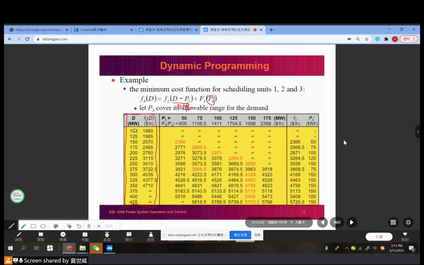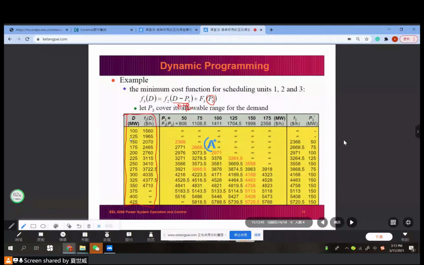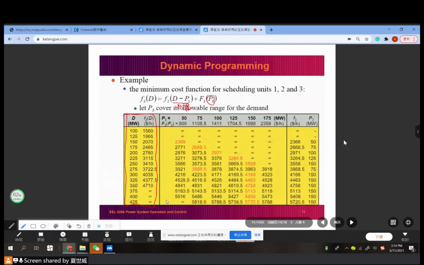When supporting a total load of 100 by 2 generators, the fuel cost is 1,560. And when you support a total load of 125, the best cost is 1,965. For the second, third, fourth, you just repeat this data here.